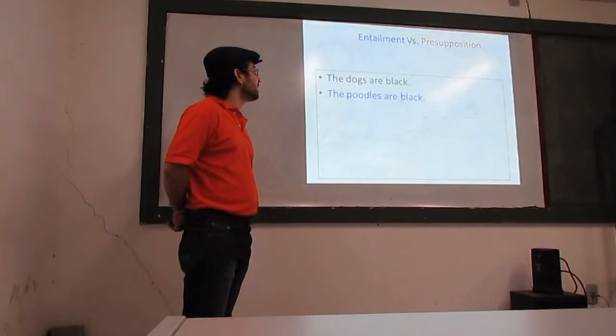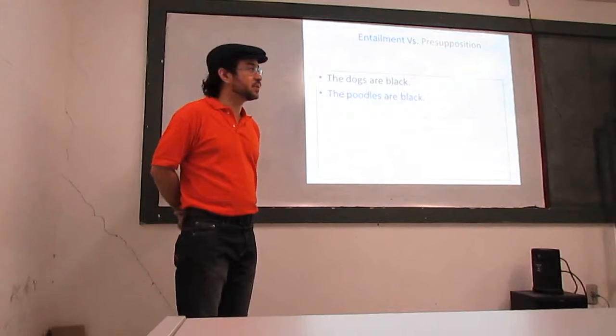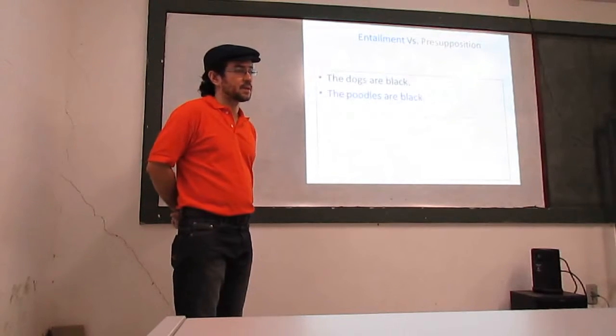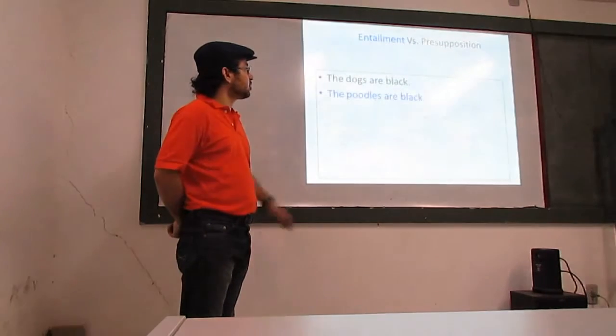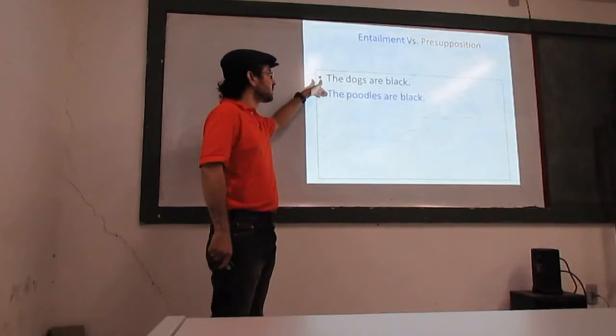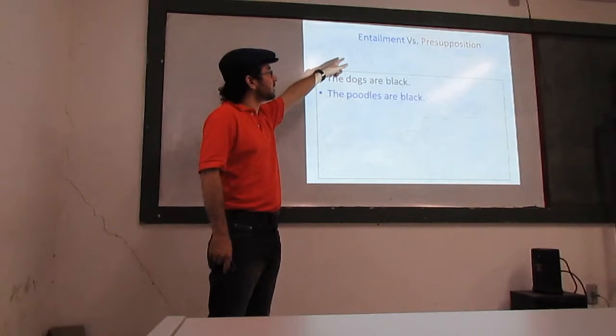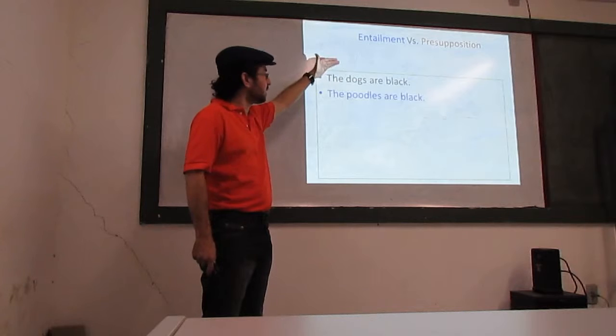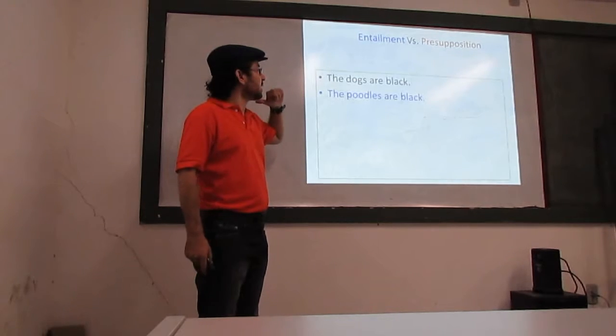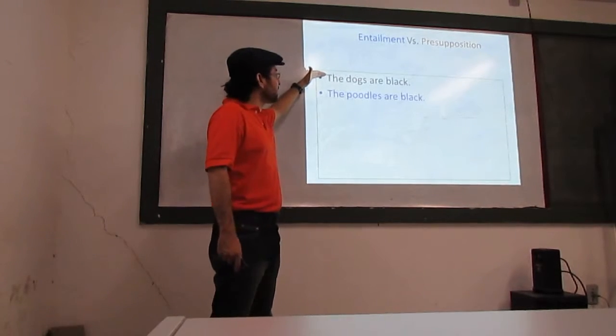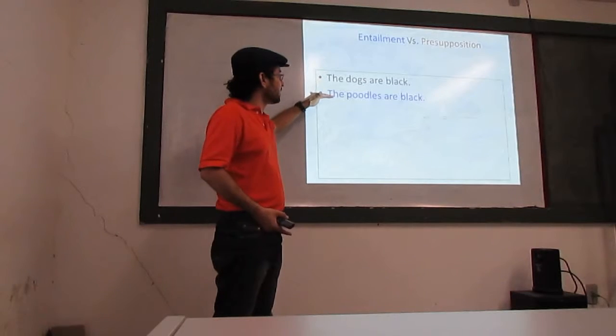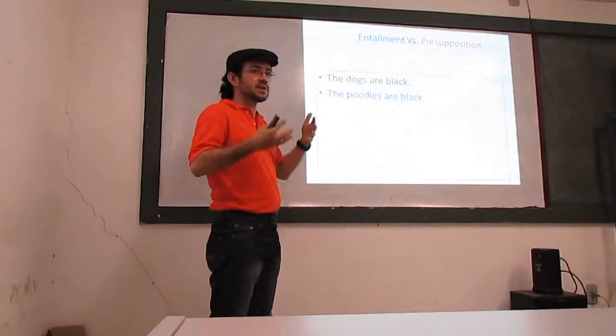And we have a similar example, the poodles are black. Okay. We are going to use these two sentences to exemplify the concept of entailment. Okay? So, I can say that the first example entails the second example because they are the same.